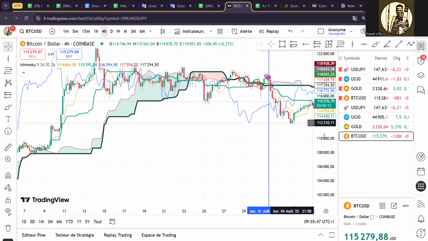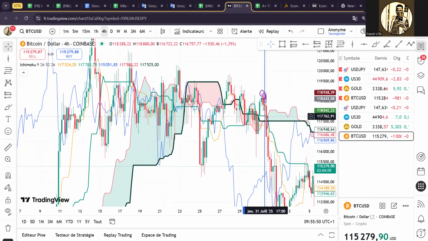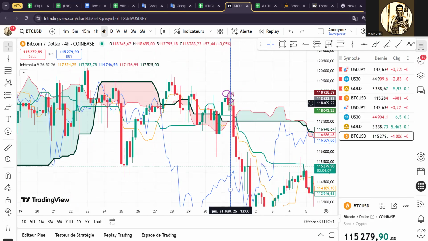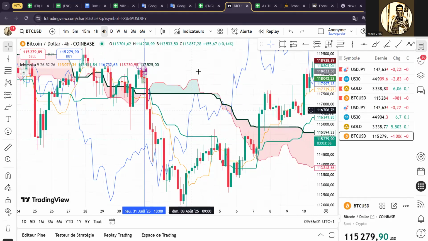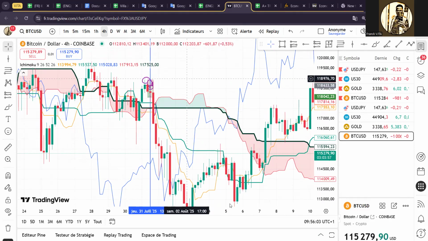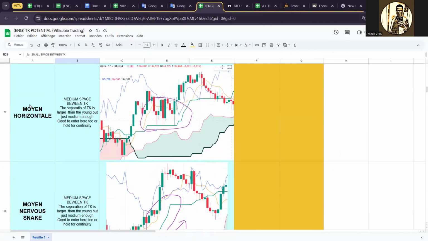Yes, you are in an A plus setup at 4 hour. An inverted Kijun candle is in the space. Yeah, that's what makes you sell. So let us continue with the medium.